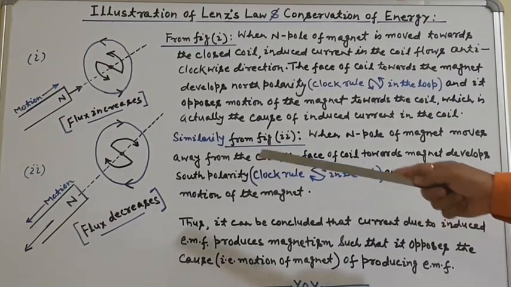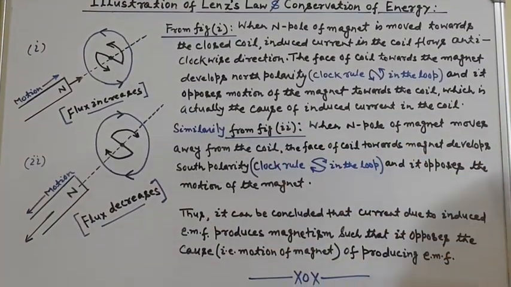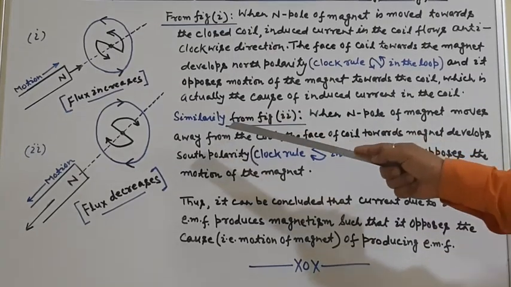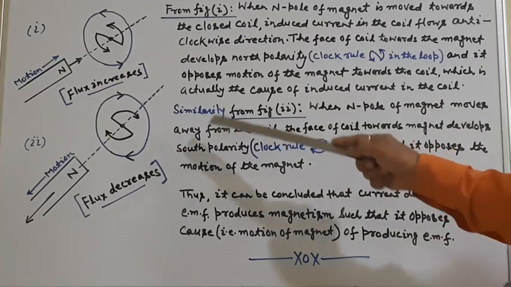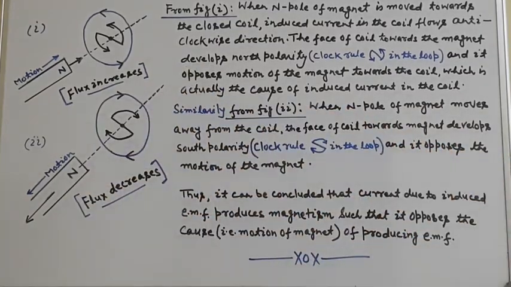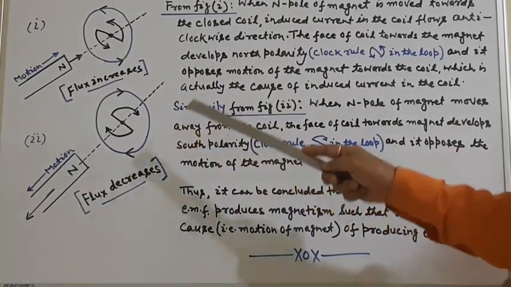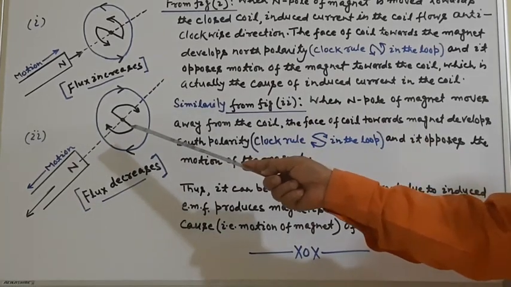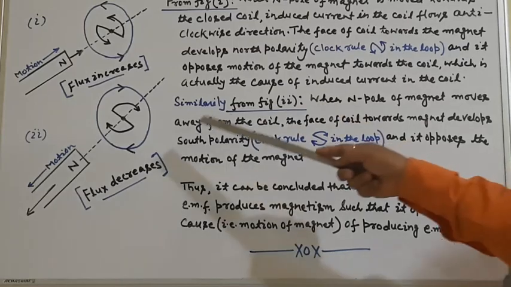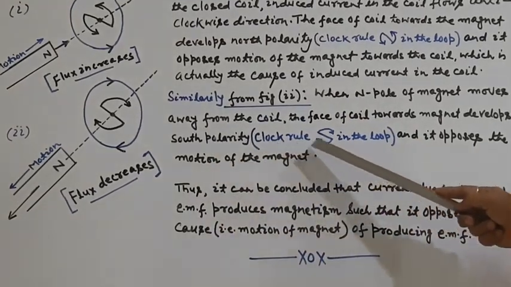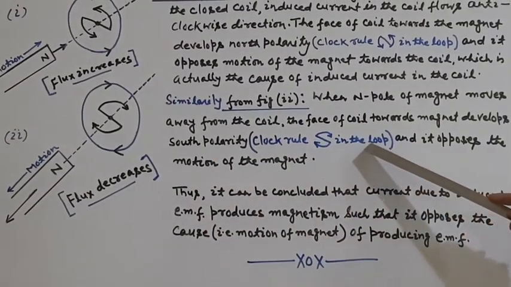In a similar way, we can follow figure number 2 also. From figure 2, in this case, the north pole of the magnet moves away from the coil. So what happens this time? This time the face of the coil towards the magnet develops south polarity. I mentioned the clock rule, this direction in the loop.